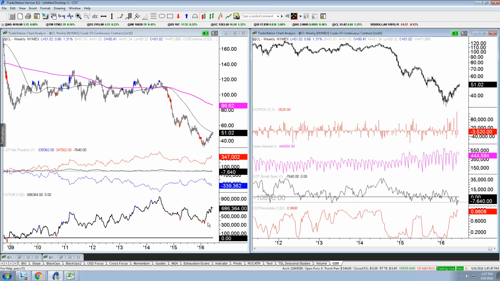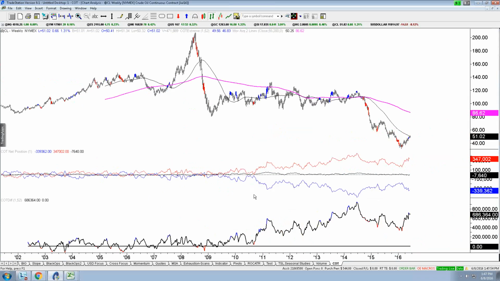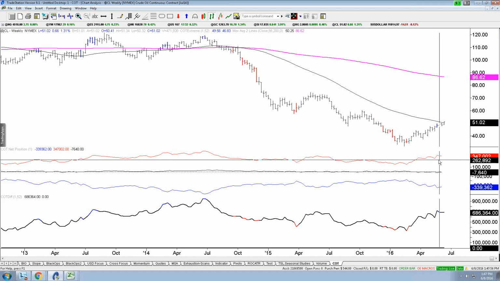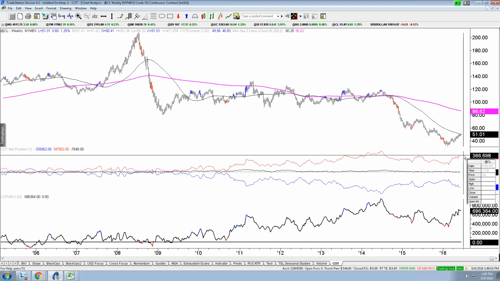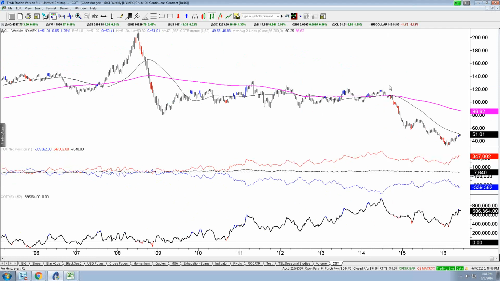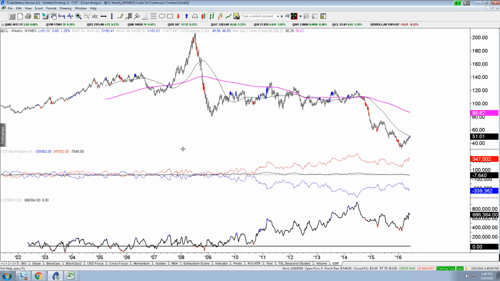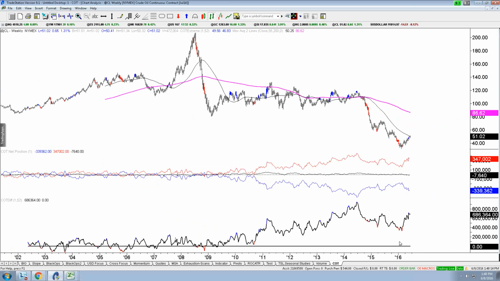So, let's see here. Here we go. All right. Basically, you've got the speculators the longest since back here in July of 2014. It's a big long position, okay?